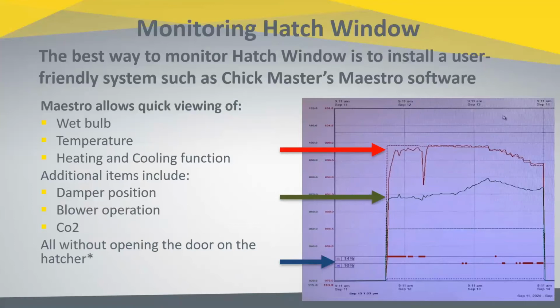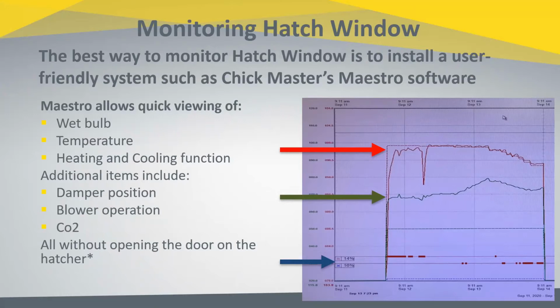Another important note is that all of these things can be recorded without opening the door on the hatcher machine. I bring that up because a lot of hatcheries today, without having the probes in place, or without using water bottles and wicks, or without having a software system to enable this monitoring, I find that in order to determine chick readiness, they're simply opening the hatcher, removing baskets, and counting how many chicks are out in a basket, in various places in the hatcher machine.